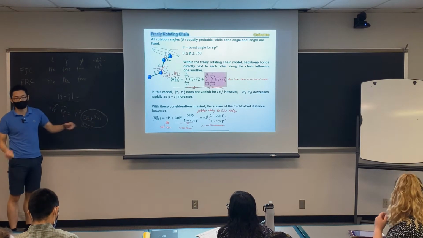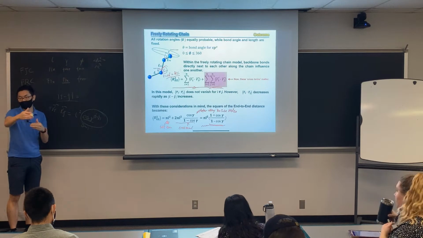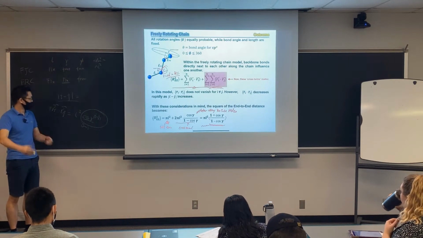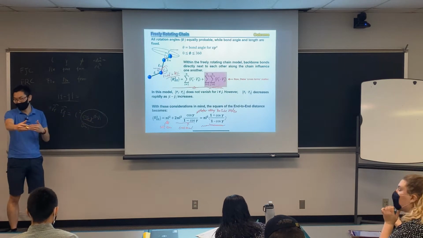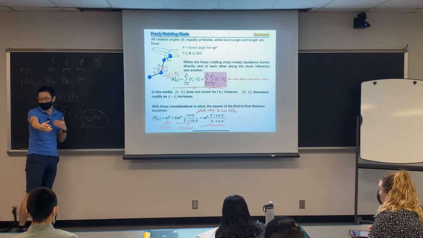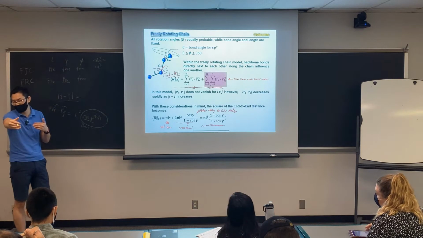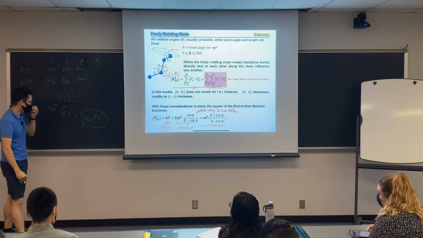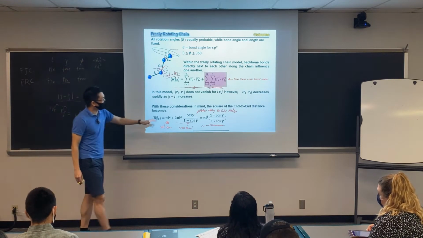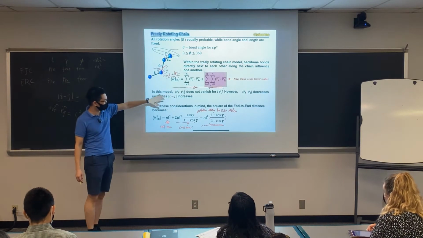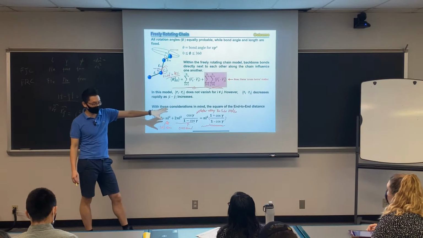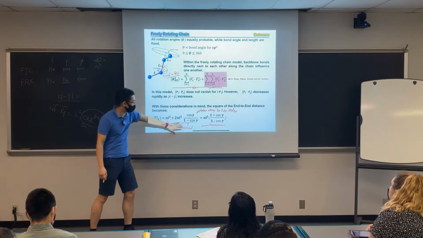The absolute value of i minus j is just the distance from bond i to bond j. If i equals 1 and j equals 2, they are neighboring. If i equals 1 and j equals 10, that means 9 bonds apart. If you're interested in knowing the math, how to do all the integration, I'll post a video. But for the sake of today's discussion, we will simply arrive there.